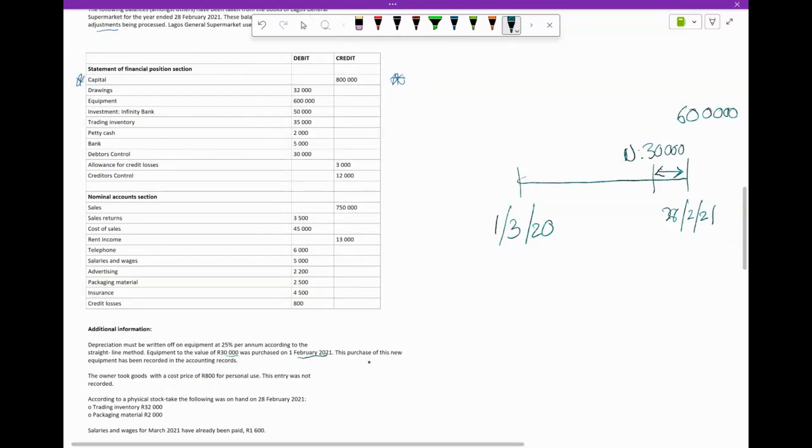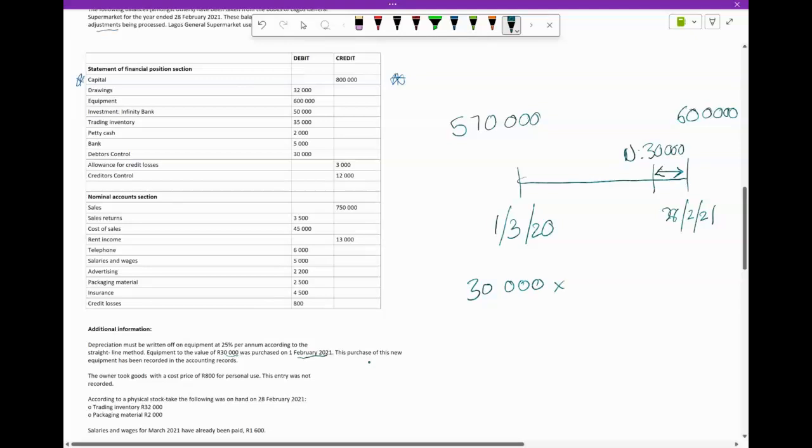Therefore, the equipment that we had at the beginning is obviously 570,000, because I'm minusing the new equipment. Does it make sense? At the beginning of the financial year. So we need to calculate depreciation on the old equipment and the new. The new, we can quickly just get out of the way.